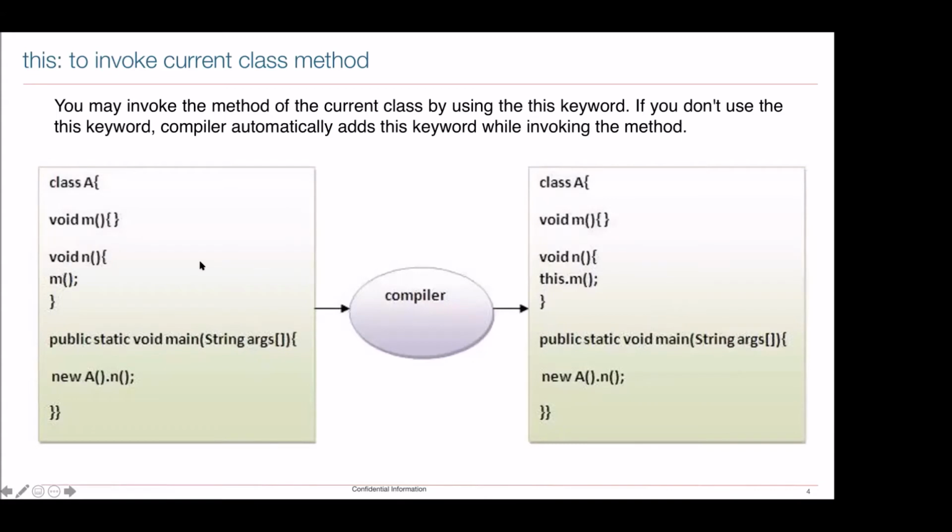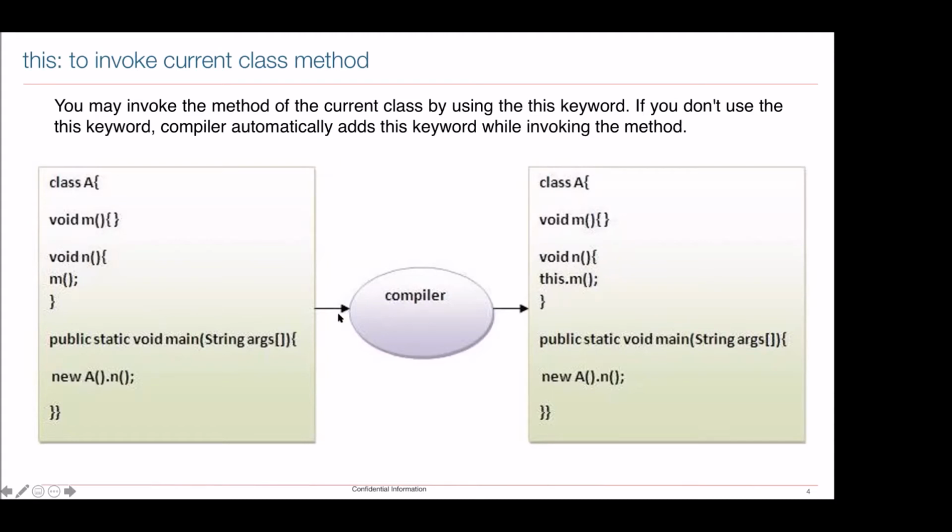Say suppose this is your normal program. The moment you compile, your compiler automatically adds this keyword, this.m. So here we have created an object, that is an anonymous object. This new A() will create an anonymous object, and with the help of this anonymous object, we want to access one function, which is function n.